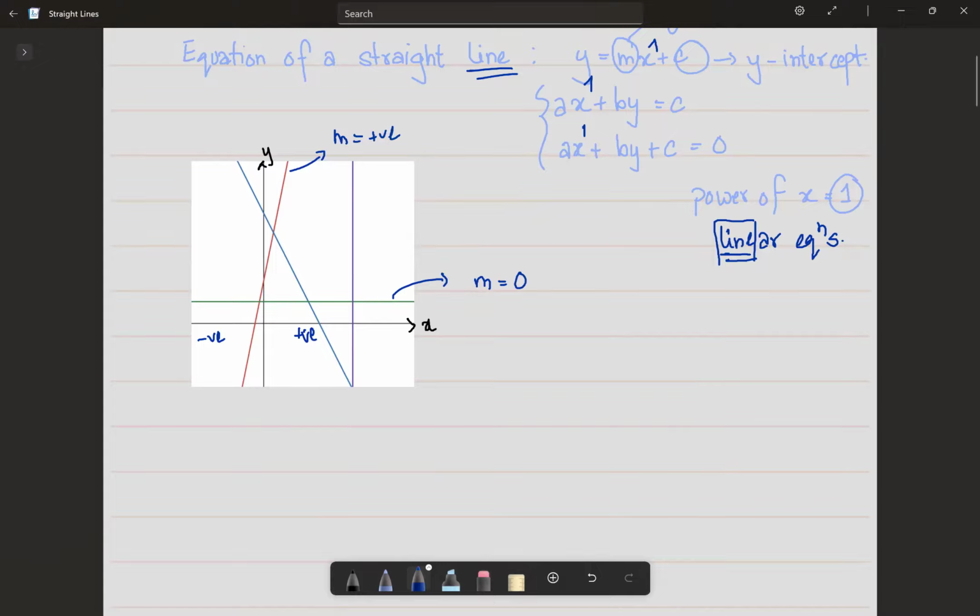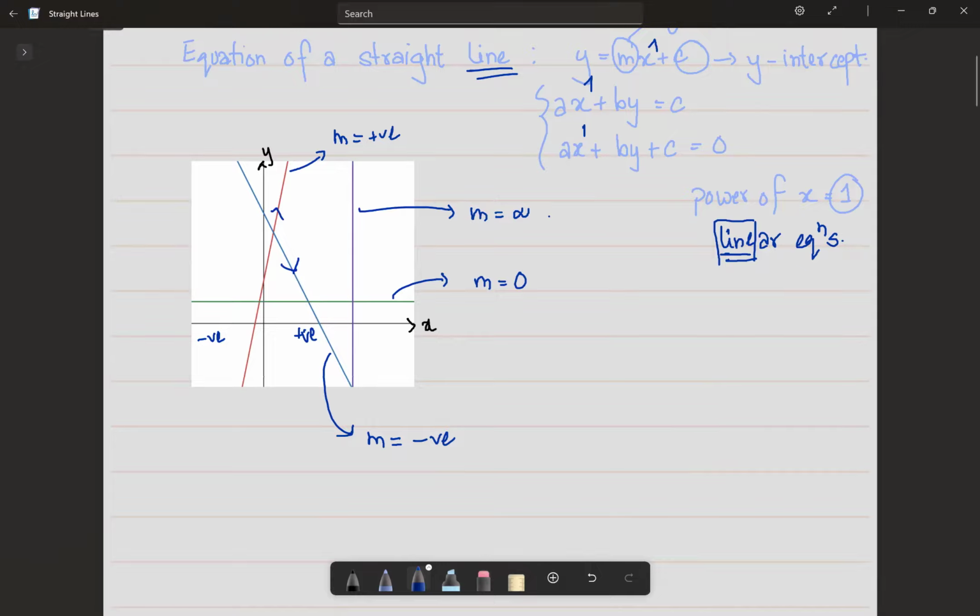Similarly, if we take a look at this blue line, going from left to right, the line is coming downwards. So it is a downward sloping line. For a downward sloping line, our gradient is always negative. And this vertical line is where our graph has maximum steepness. It is completely vertical, so our gradient is considered to be infinite in this case.